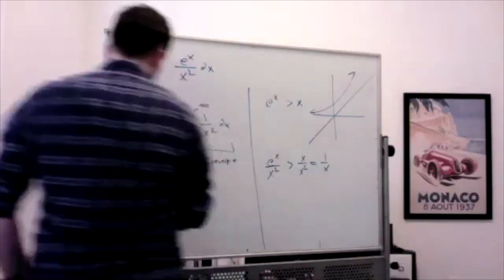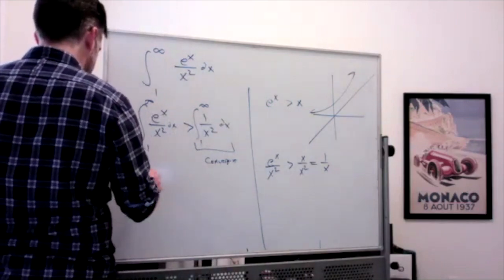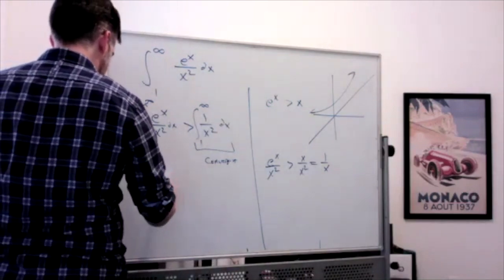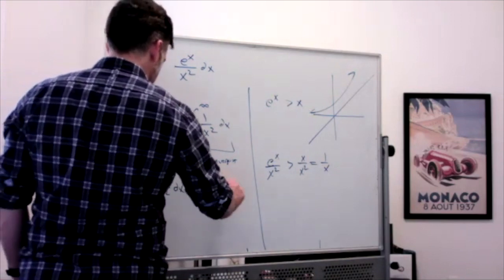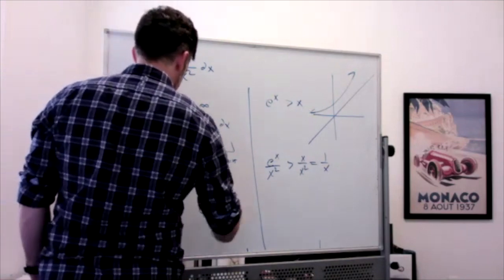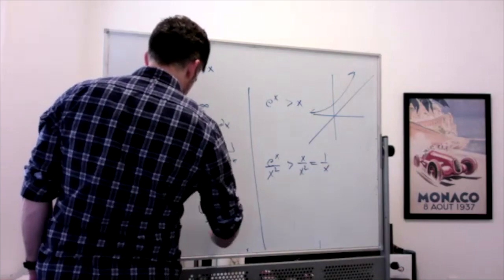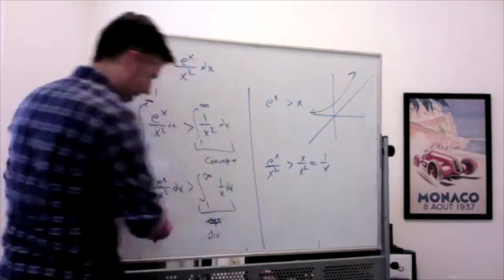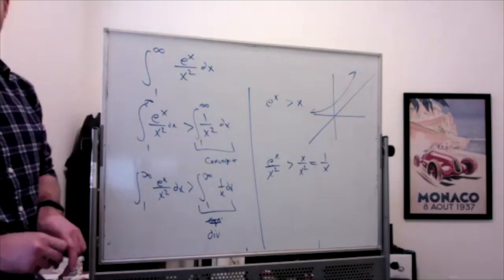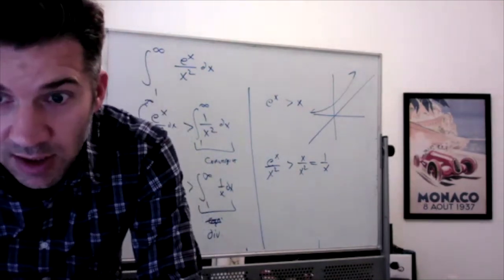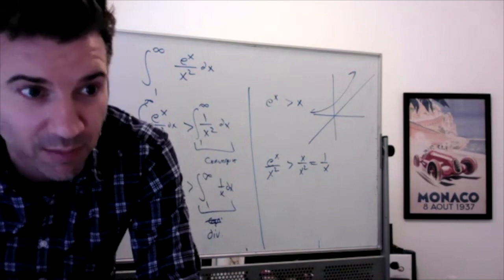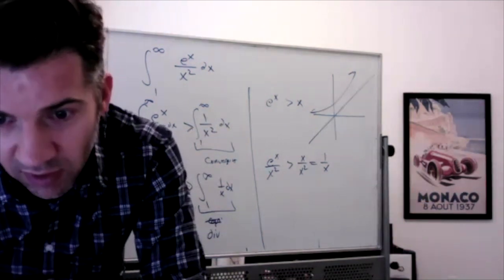So the integral from 1 to infinity of e to the x over x squared dx is bigger than the integral from 1 to infinity of 1 over x dx. And that is divergent. So that's a real quick breakdown of the comparison tests for convergence and divergence.